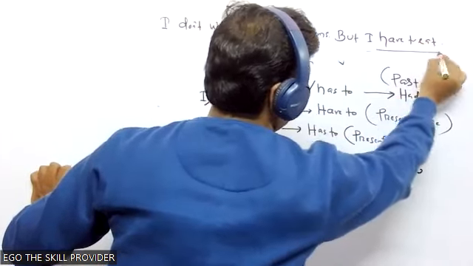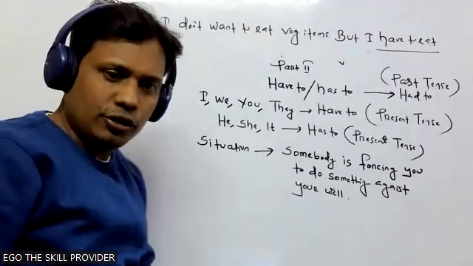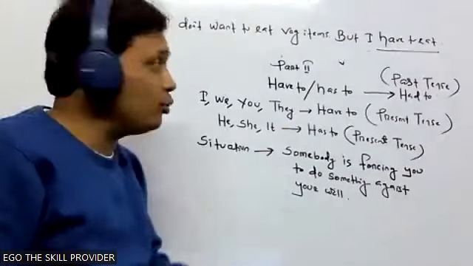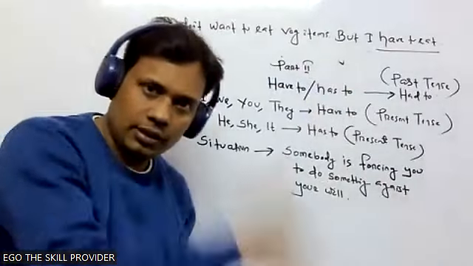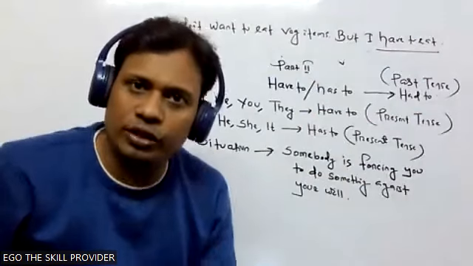Why do you say I have to eat? Yes, because your mom is forcing you. Whenever your mom forces you, like, no, egg, you have to eat this one, that means somebody is forcing you.